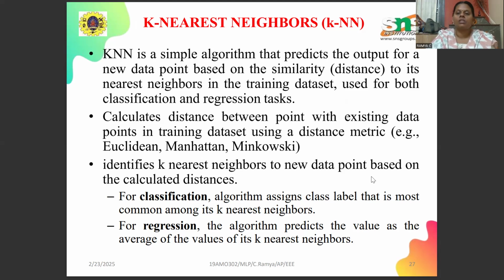Here also we use classification as well as regression tasks. To find the nearest value, we have to go for distance calculations. In that we use metrics with formulas, that is Euclidean, Manhattan, Minkowski. Those are the formulas to predict the values by calculating the distance.